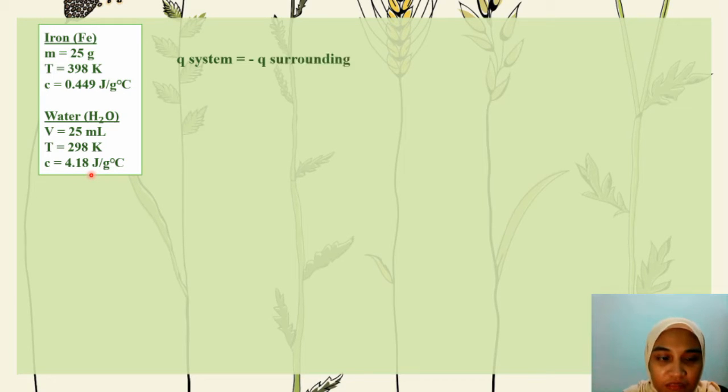Assuming that no heat is lost to the cup or surrounding, therefore heat lost by iron will be equal to heat gained by water. As we know, Q system is equal to negative Q surrounding. So we got the equation for this solution.